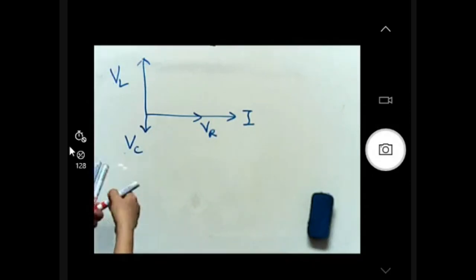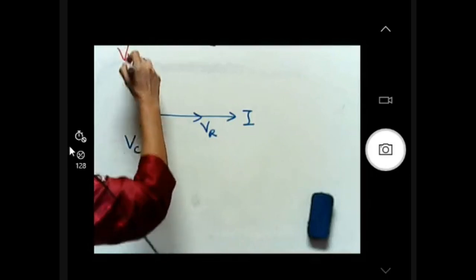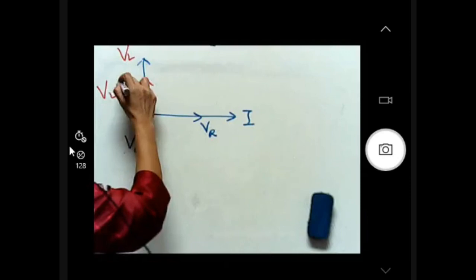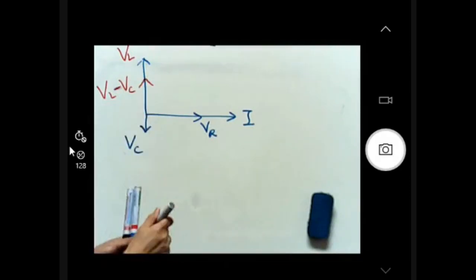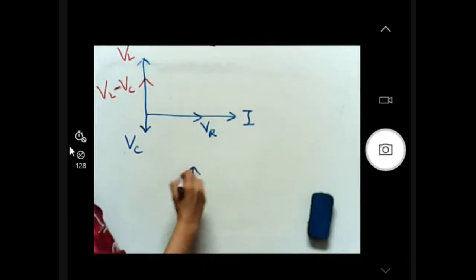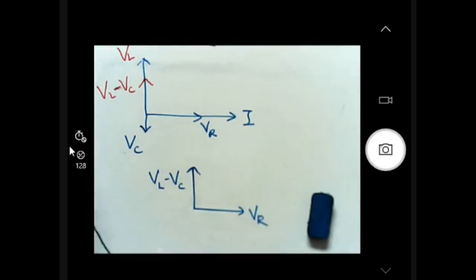So we will get a new vector here. What do you call this vector? You call this vector VL minus VC. So actually, you can just erase this and then you just write VL minus VC. Then this is your VR.